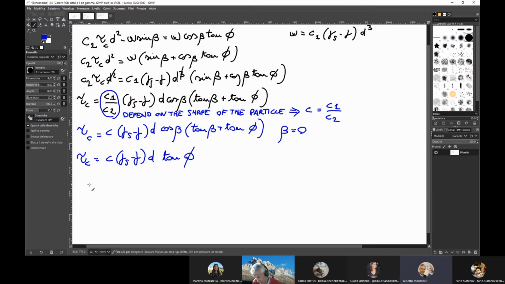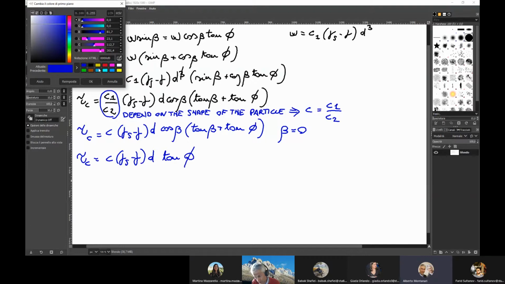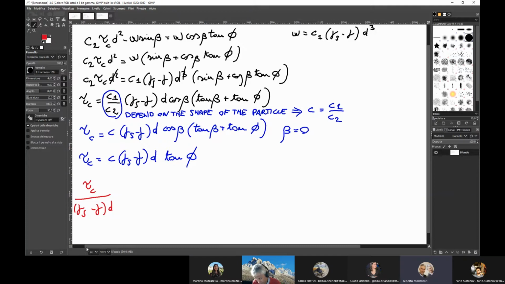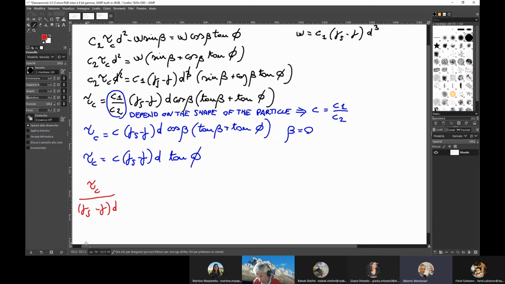Tau C, and let me change the color because this is an important conclusion. Tau C divided by gamma S minus gamma D is equal to C tan phi, which is something which we may say is constant.